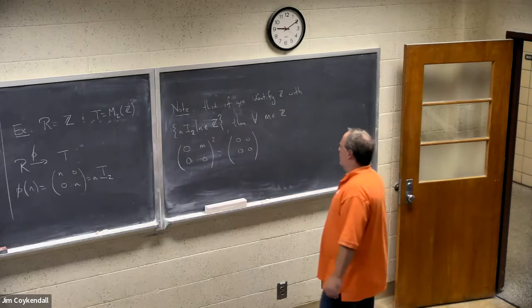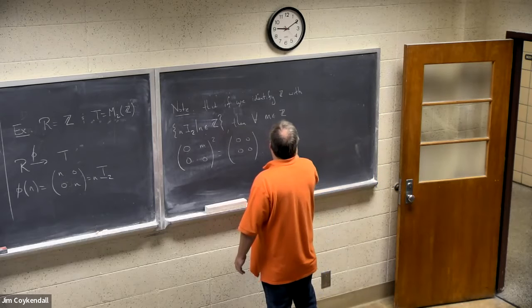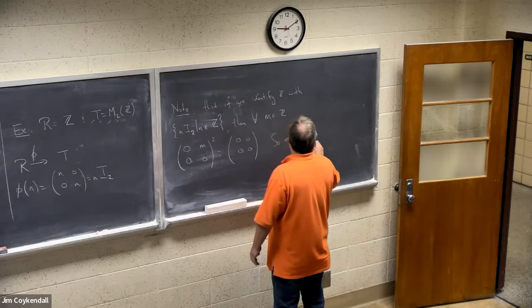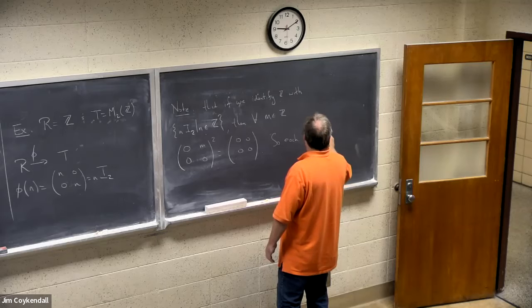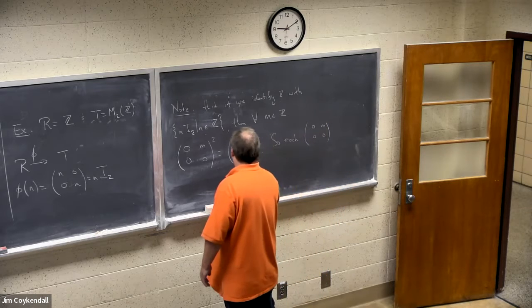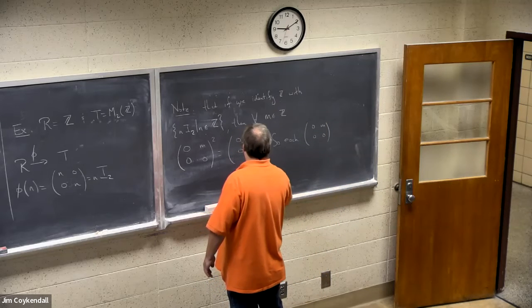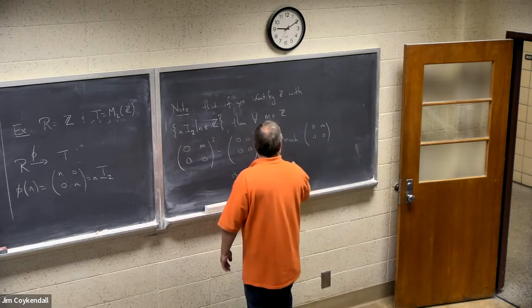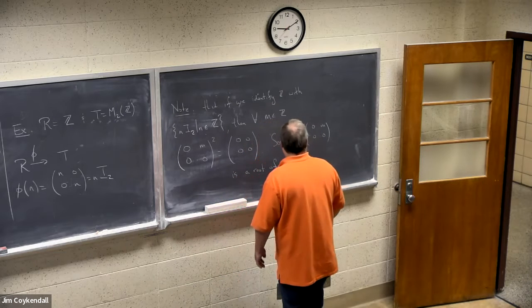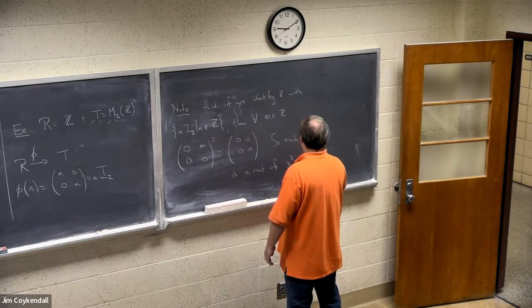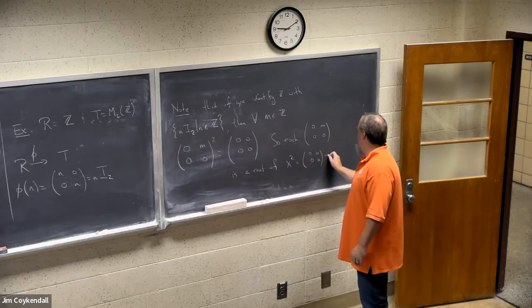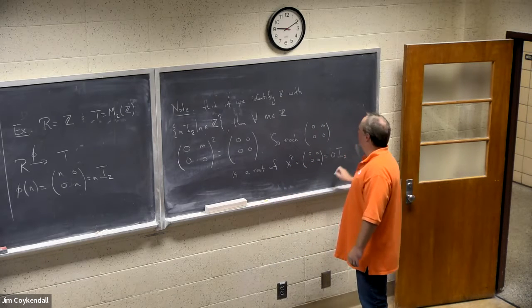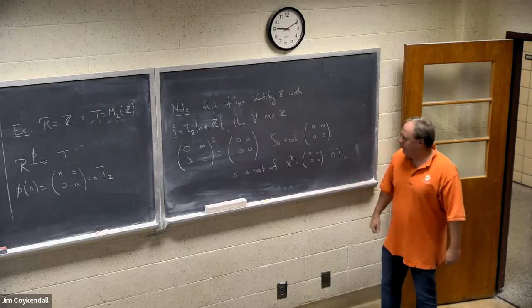So in particular, each matrix of this form is a root of x squared, which is the 0 matrix, right? And this is identified with the subring R, right?